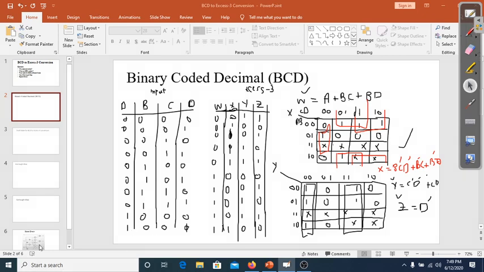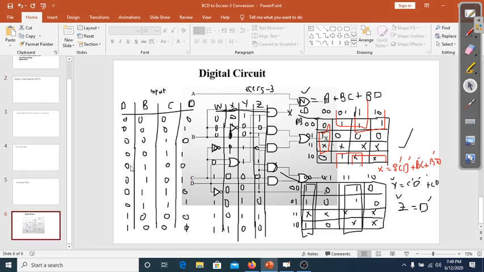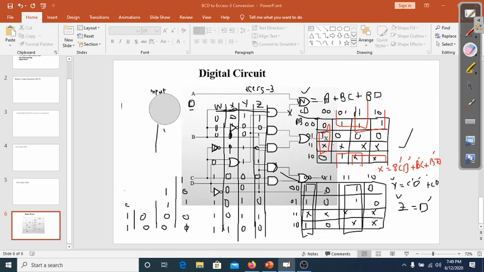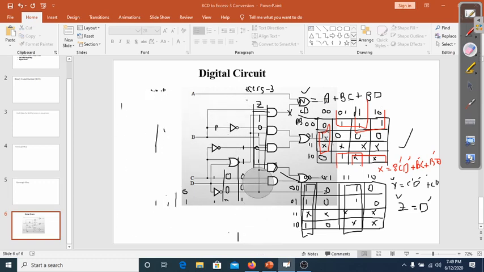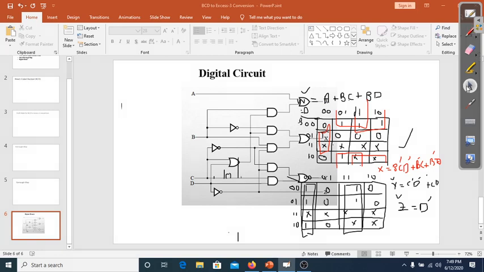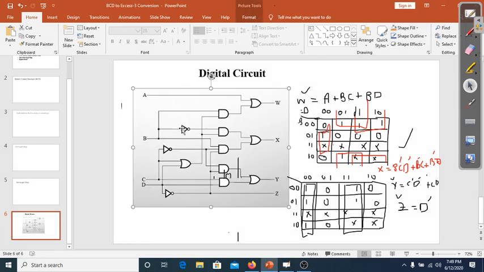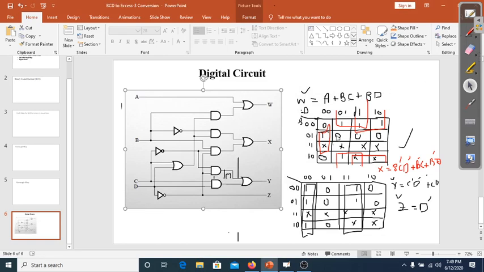Okay, let me erase this table. So here is the digital circuit. We have four inputs A, B, C and D, and their corresponding Excess-3 code we will get at these outputs.